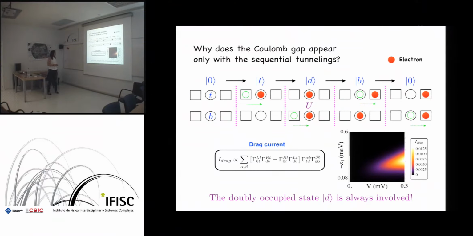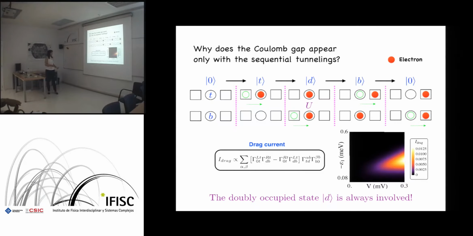Then why does the Coulomb gap always appear in the sequential tunneling? Well, this can be understood because if we allow this type of transition, we need always to pass through this state in which the double dot is doubly occupied, which means that we need to pay some extra energy that is U. So then we need to provide the system some extra energy U to see some drag current.